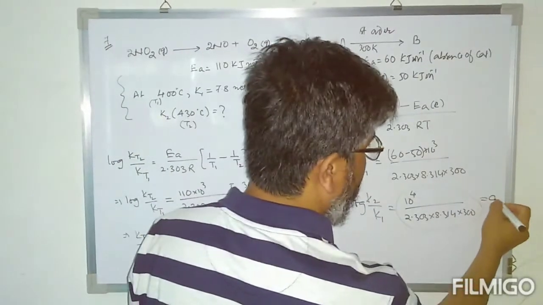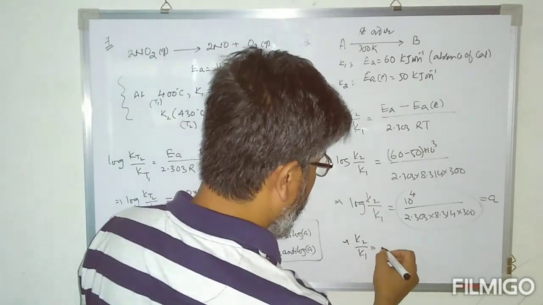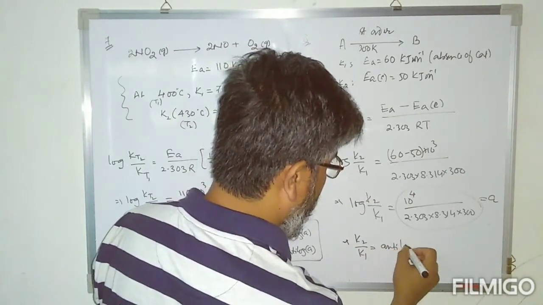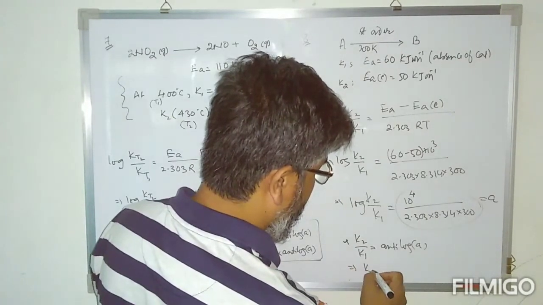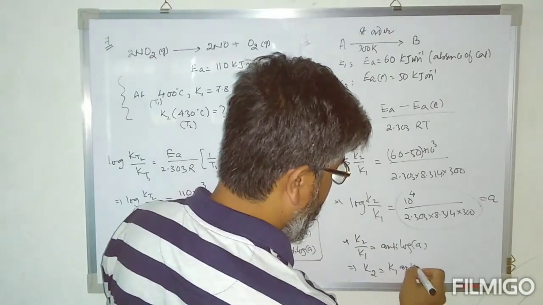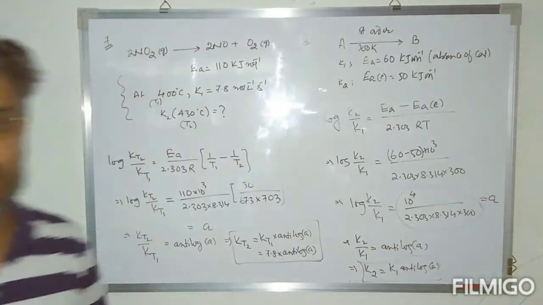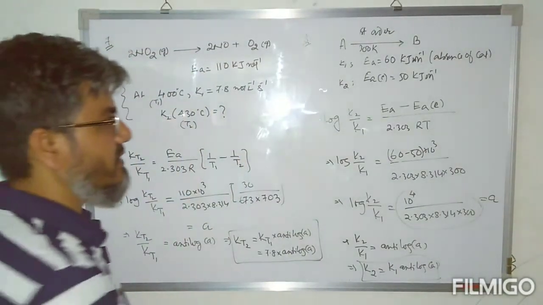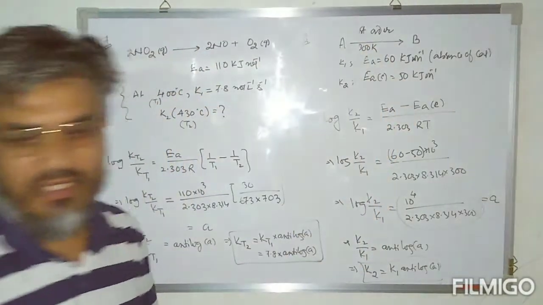So let this ratio be A. Therefore K2 by K1 is equal to antilog of A. So therefore K2 is equal to K1 times antilog of A. This is the ratio, meaning this is the factor by which the rate of reaction is increased on decreasing activation energy in the presence of catalyst.